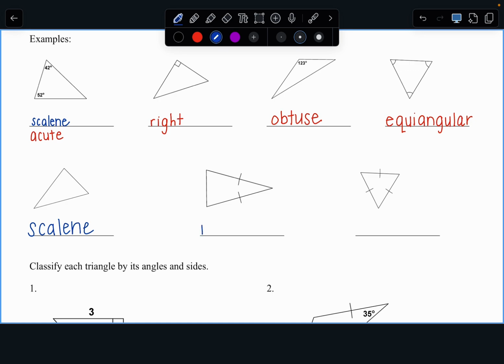For this one, there are two sides that are equal, so it's isosceles. And all three sides are the same, so that's an equilateral.